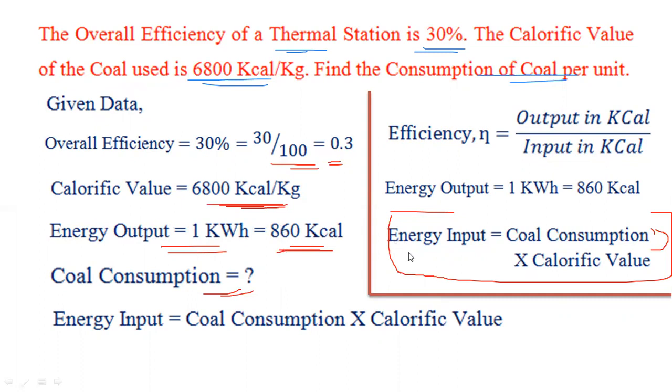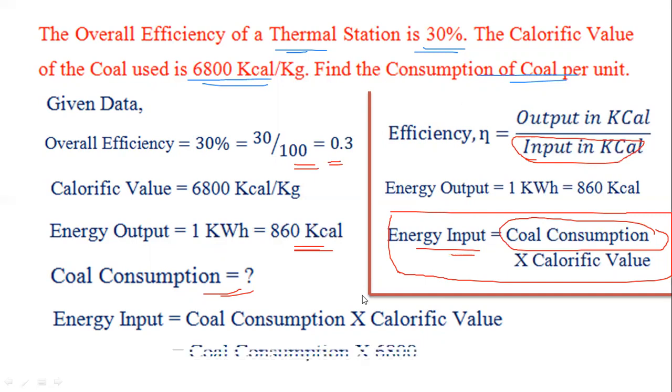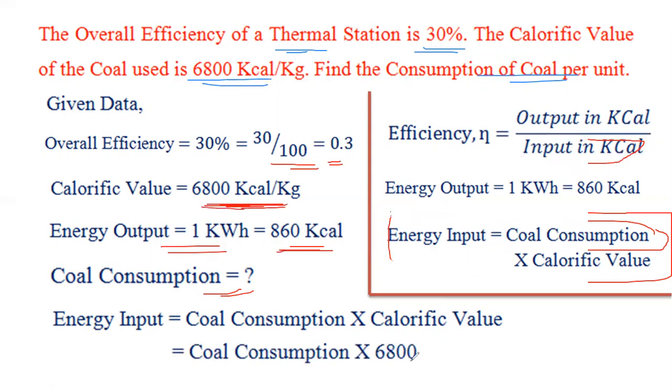First we want to find the input in kilocalorie, that is the energy input, which equals coal consumption into calorific value. In the problem the calorific value is 6,800 kilocalorie per kg. Now we can find the overall efficiency.